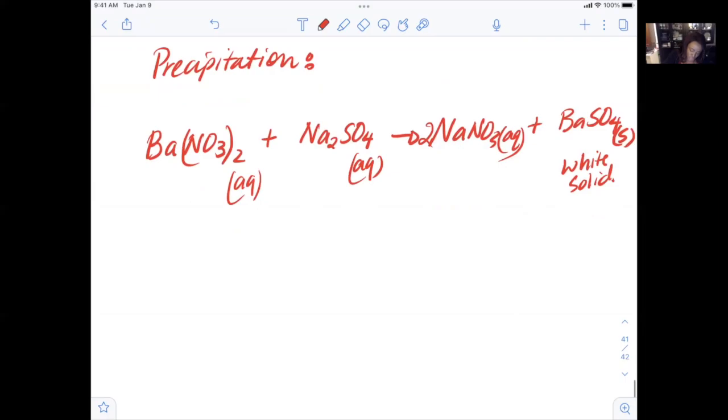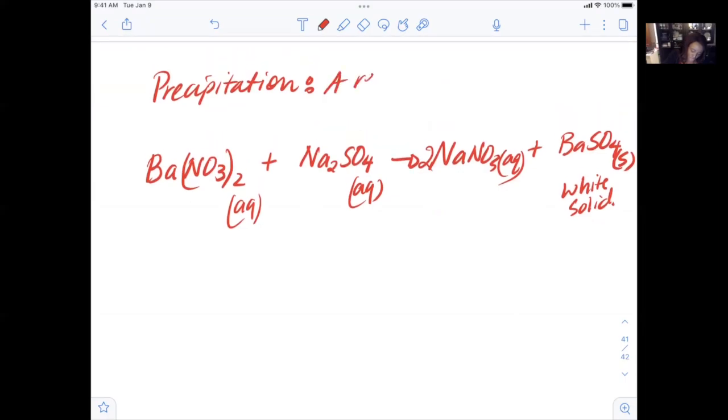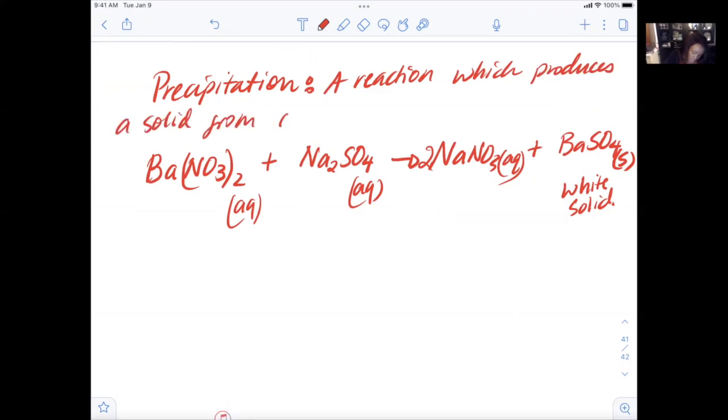So what is precipitation? A reaction which produces a solid from clear reactants. Oh, I can't spell. Brain, hang in there.